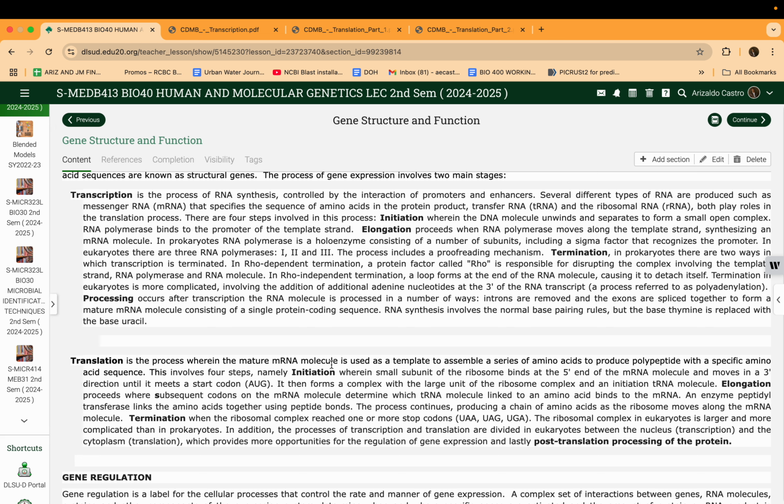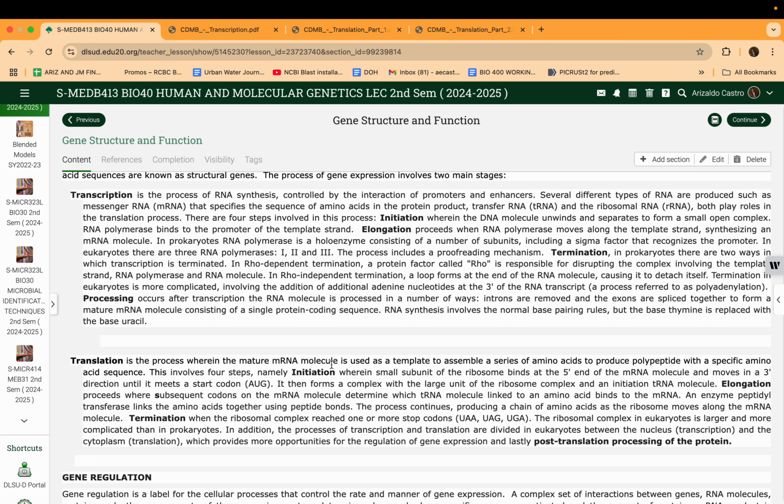Elongation is when RNA polymerase moves along the template strand of the DNA and synthesizes an mRNA molecule. In bacteria, in prokaryotic cells, the RNA polymerase is actually a holoenzyme. It consists of several subunits, including an important component called the sigma factor, allowing the prokaryotic RNA polymerase to recognize the promoter.